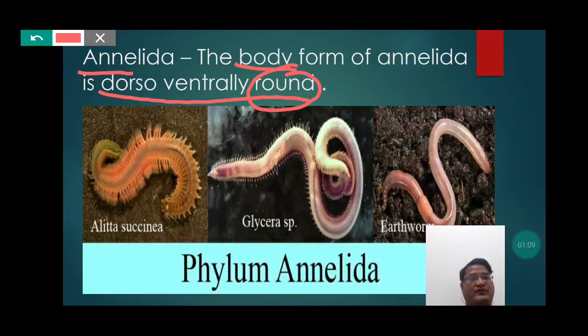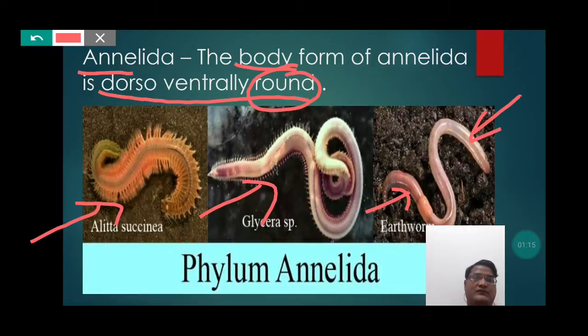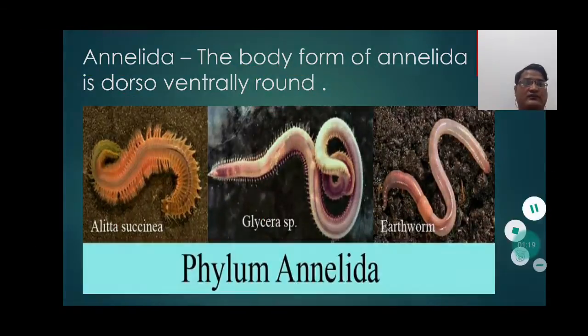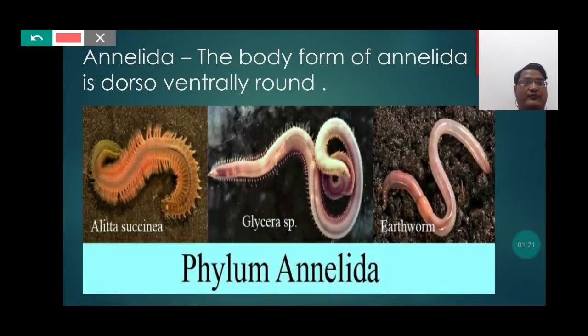So students, if you concentrate on these pictures, then you will be able to notice that these organisms appear round from the front and also round from the back. Students, this is one of the identifying features of Annelida.